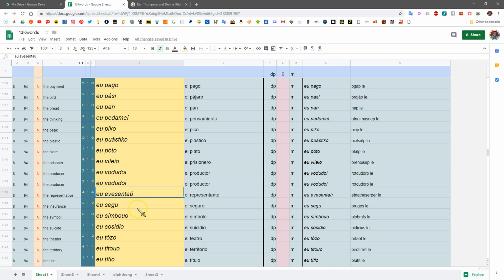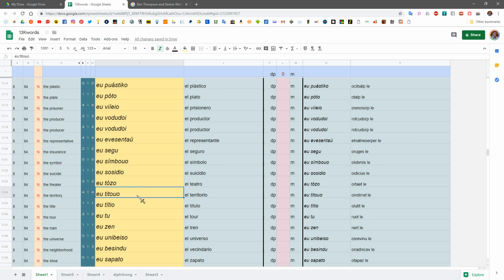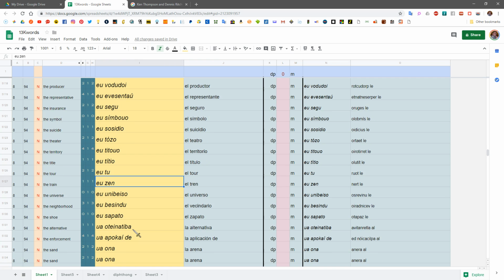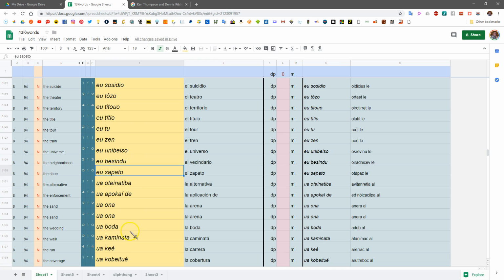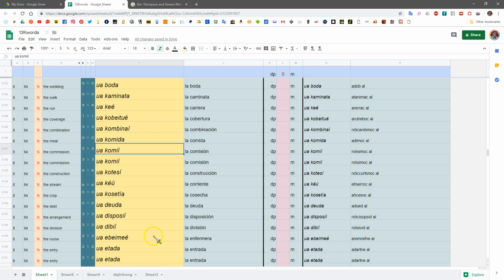A bit like Portuguese. Simple. El zapato. Comida, some meals, comida. So some of the Spanish words will still be in there.